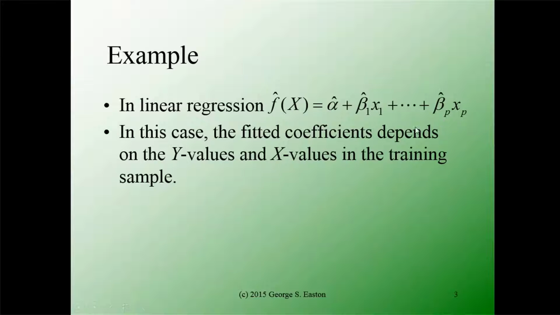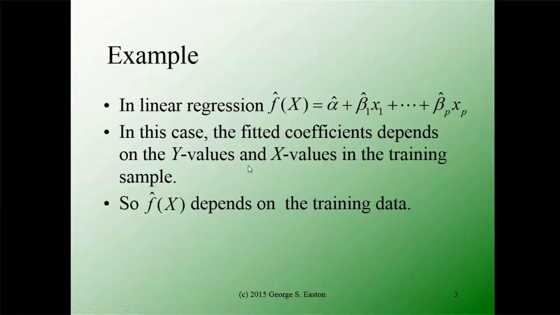In this case, these fitted coefficients, the intercept alpha hat and the slope coefficients beta hat 1 to beta hat p, are going to depend on the y values and the x values in the data that they're estimated from. And so what this means in this case is that our f hat of x depends on the training data.